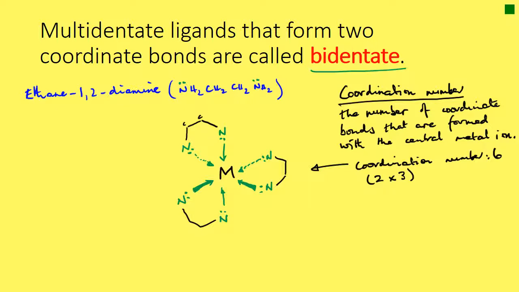So that's an important definition, so let's write it down. Coordination number. This is the number of coordinate bonds that are formed with the central metal ion.